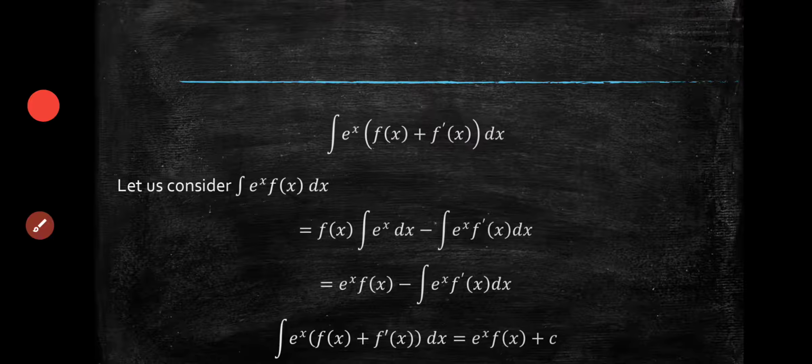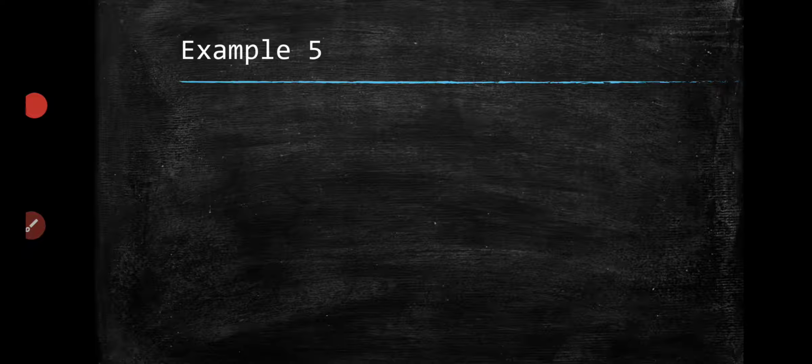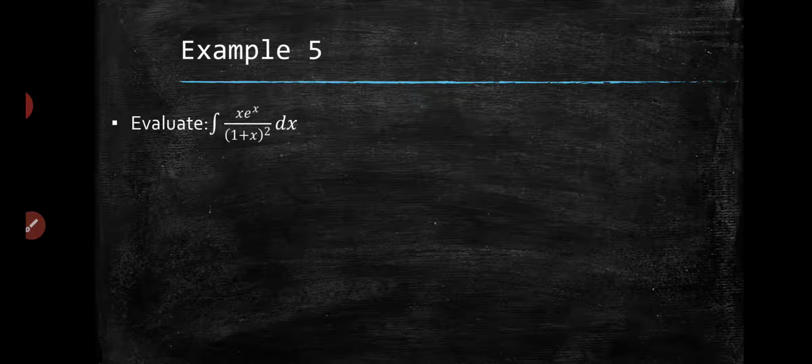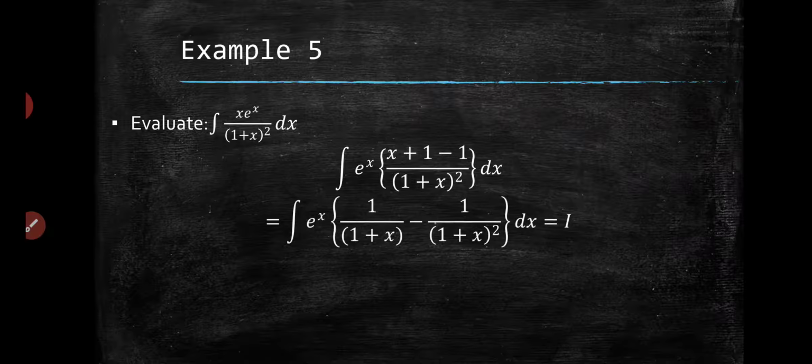So this is an example from what we just saw. This is what you are given: integration x e to the power x by 1 plus x whole square dx. Before we can integrate, we need to get it into the form e to the power x into fx plus f dash x. So let us see how to do that.